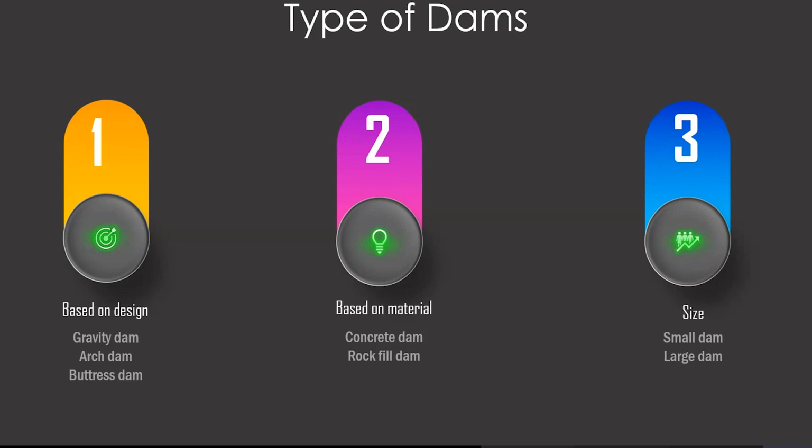So next, we are going to briefly discuss this. I'm not going to discuss all the different varieties of dams because that doesn't come under our purview at this point. Rather, you will study in detail the different dam designs and other parameters in your higher semesters.